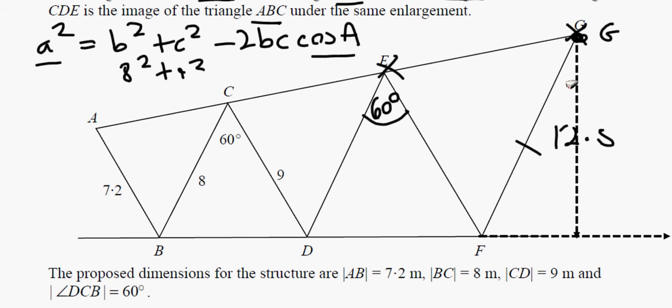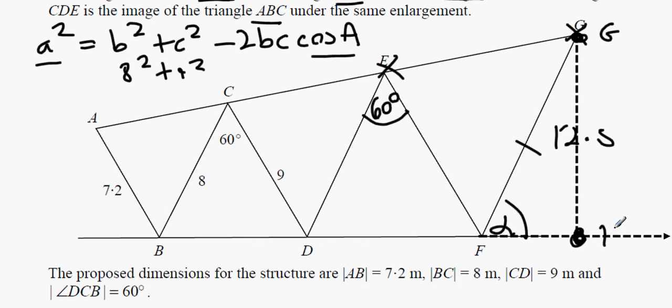Now, what we know is that, let's call this angle alpha. This is angle alpha. So the angle GFH, and we'll call this point H here.